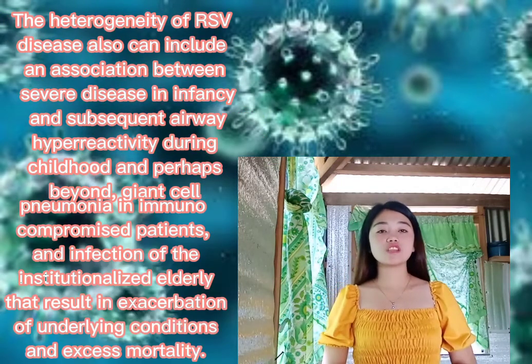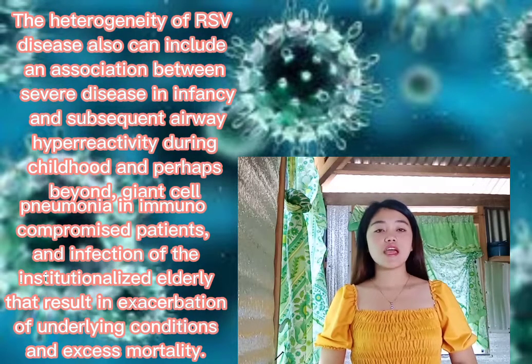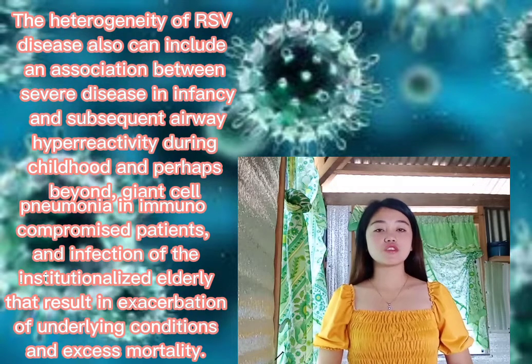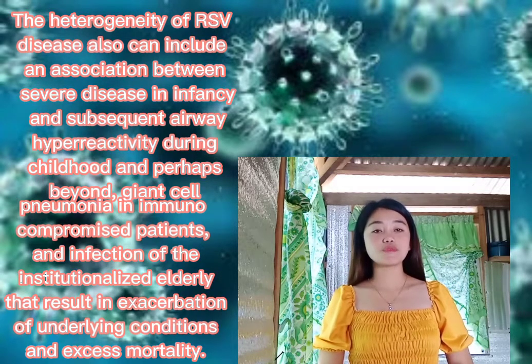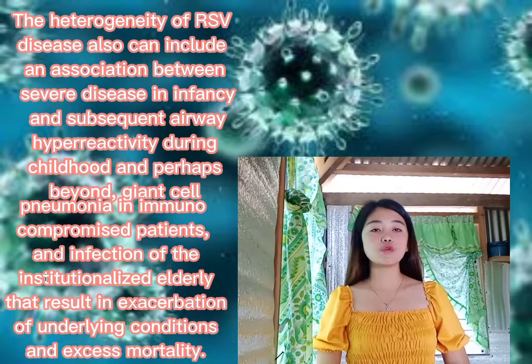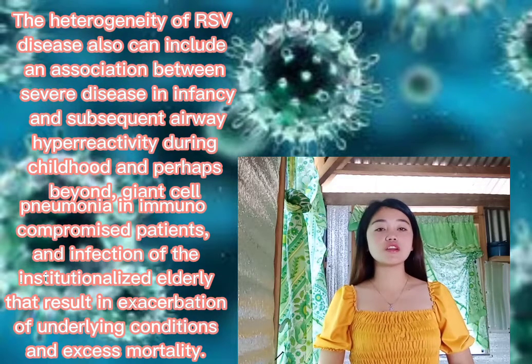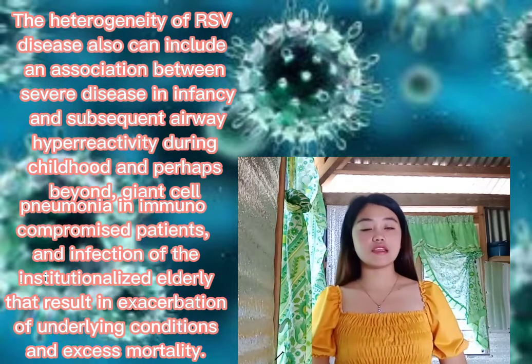The heterogeneity of RSV diseases also can include an association between severe disease in infancy and subsequent airway hyperreactivity during childhood and perhaps beyond, giant cell pneumonia in immunocompromised patients, and an infection of the institutionalized elderly that results in exacerbation of underlying conditions and excess mortality.